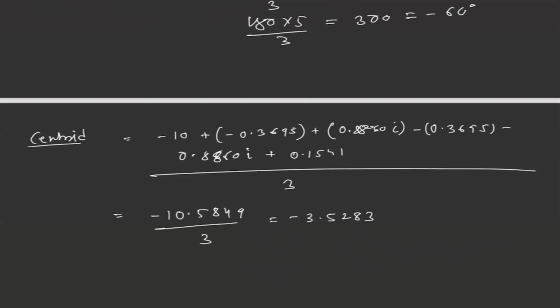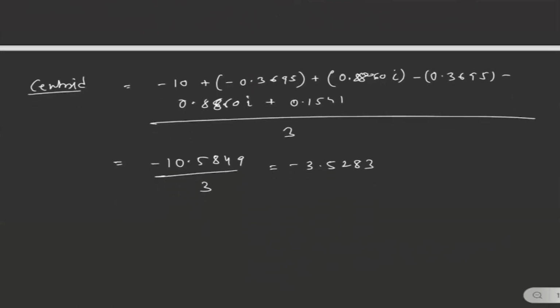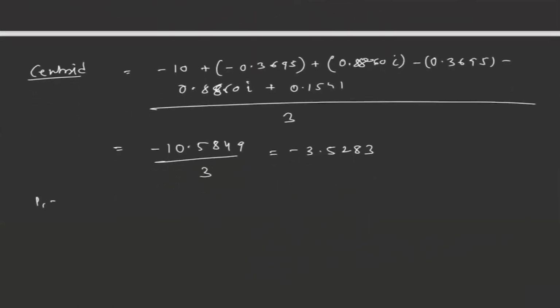Now P1 equal to 0, P2 equal to minus 10, and Z1 equal to minus 0.1541 lie on the real axis.